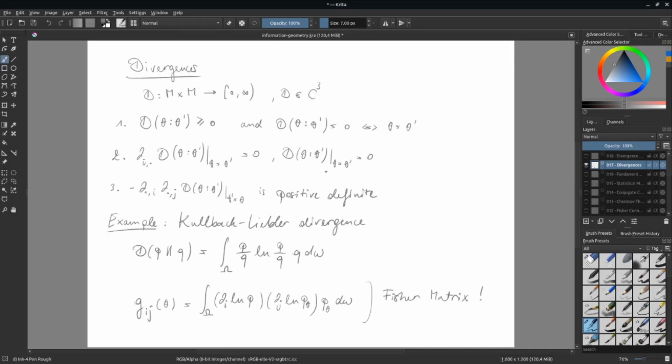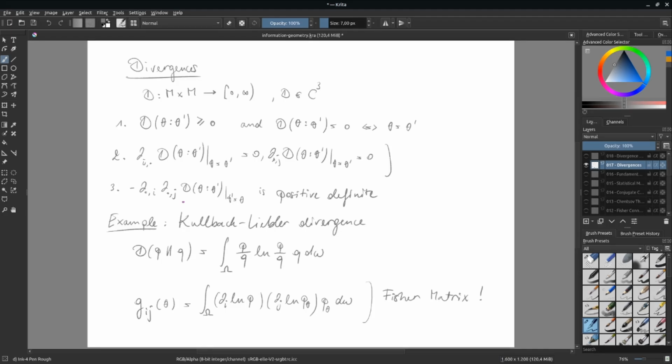The same thing holds for the derivative with respect to either input; that should be 0. Essentially, this tells us that to first order this thing is 0, but the second derivative is a matrix, and it has to be a positive definite matrix.